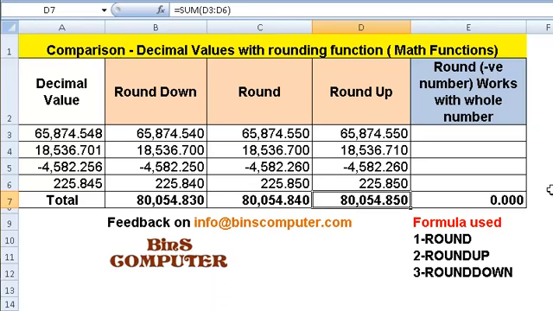Though the numbers are the same, my rounding function is going to convert the decimal values to some extent. Depending upon the scenario, we can use the function to round down or to round off the numbers to the down value, to the up value, or to the exact value.